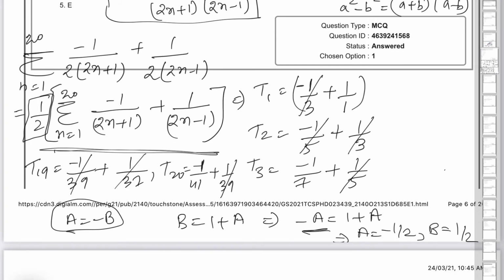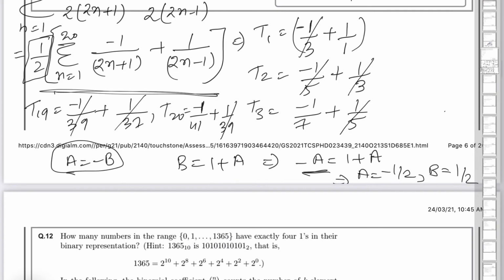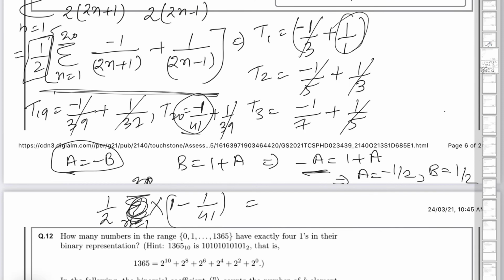So in the end, what we will get is the summation for n equals 1 to 20, this is 1 by 2, and what remains is 1 upon 2 into (1 minus 1 upon 41). So this term remains and this term remains only, right? So 1 upon 2 into 40 by 41, and after cancelling it, it is 20 by 41, right?